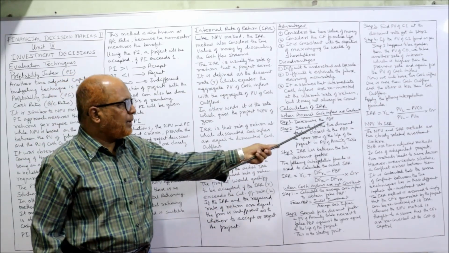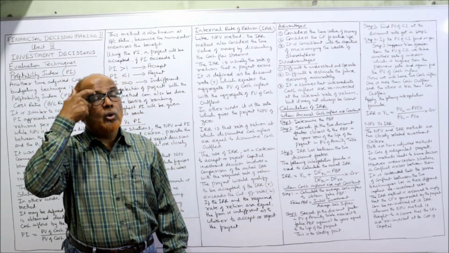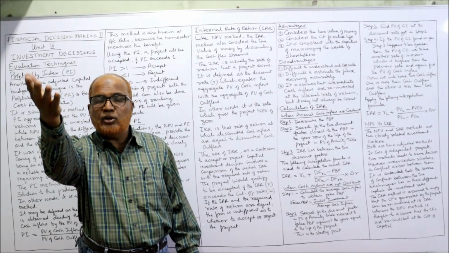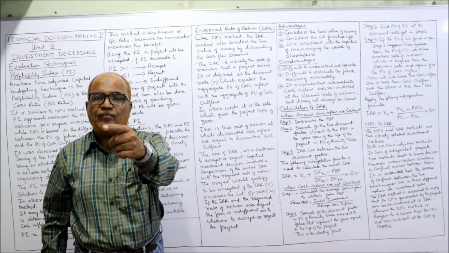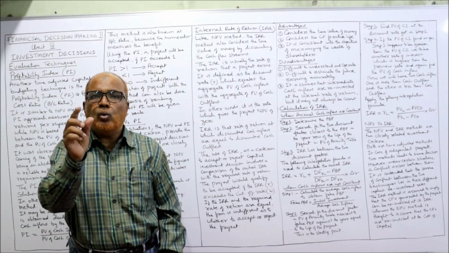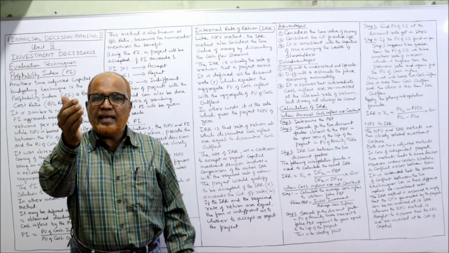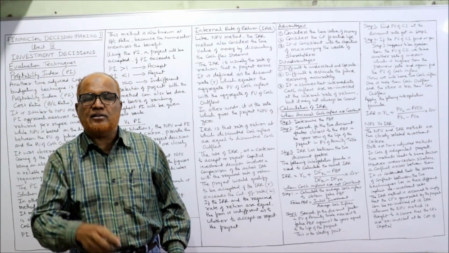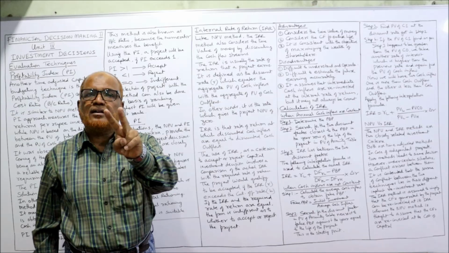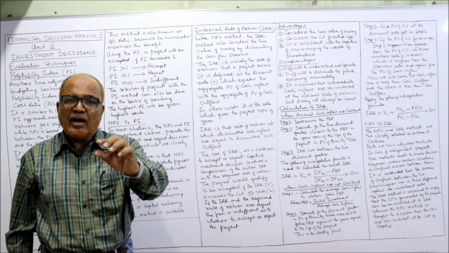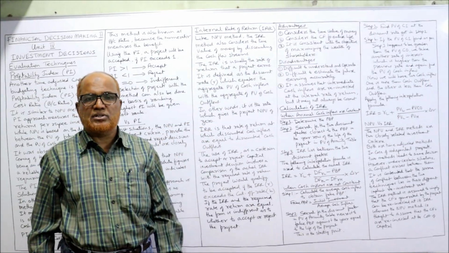Example, if PBP comes to 2.5, one discount factor should be more than 2.5 and the other should be less than 2.5. In this way, you will get two rates, one less than 2.5 and another more than 2.5. So you have located two discount factors in the PV of annuity table against the life of the project.